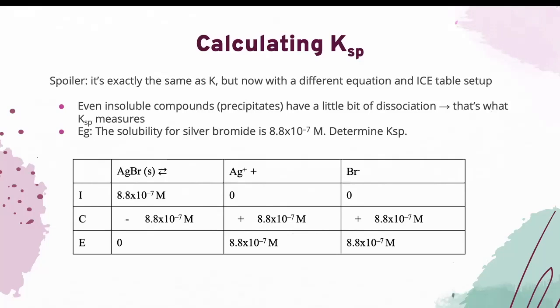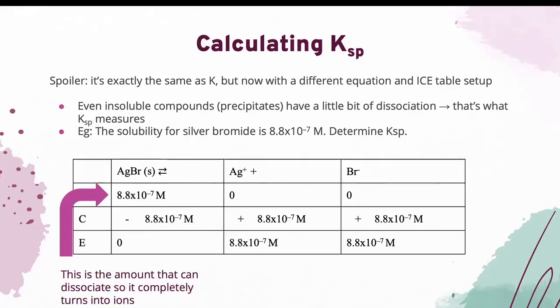And in equilibrium, no more solid is going to be remaining. And the change, therefore, is 8.8 times 10 to the negative 7th. So this setup is very similar to previous ice tables, just with slight changes. This is the amount that can completely dissociate, like I said, and that's why it turns into ions.